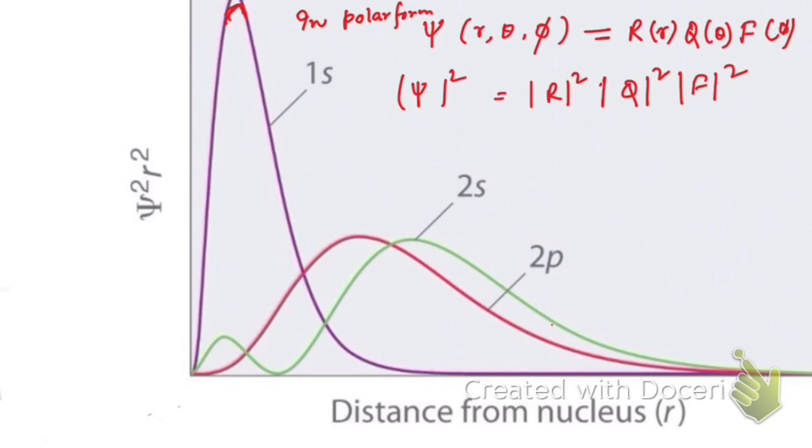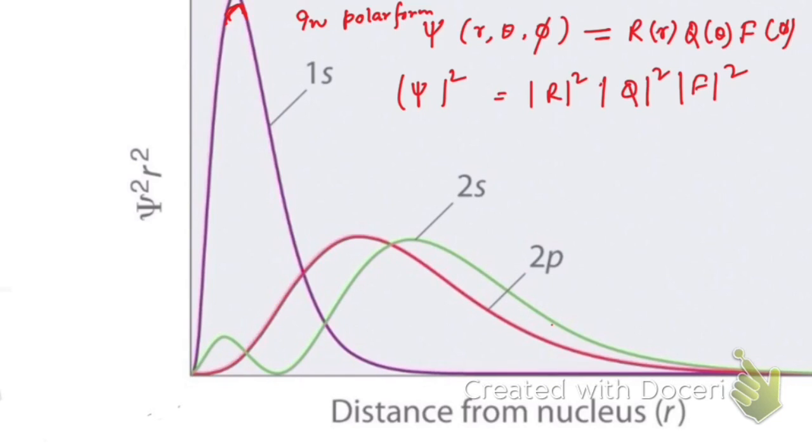And here you see we are asked to draw the diagram representing probability density for s and p as well as d. So here we have, this graph is for 1s, right? This is for s orbital, and this is 2s, right? And here you see this red one, this one is 2p.